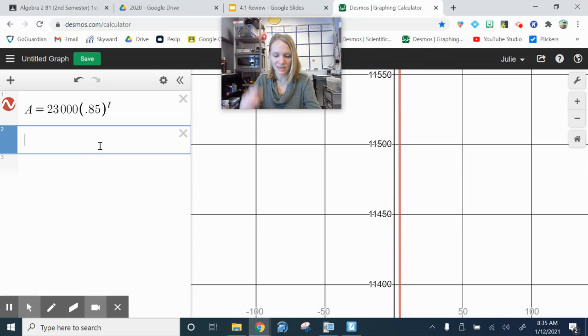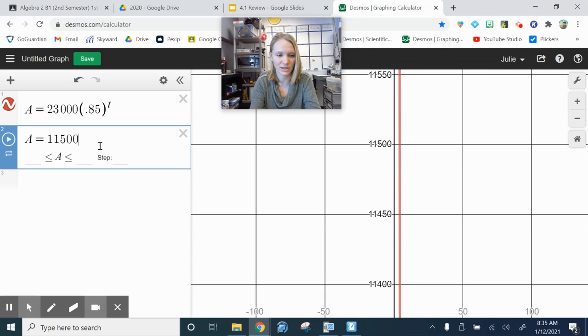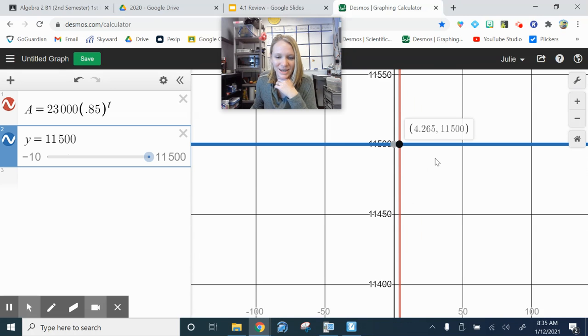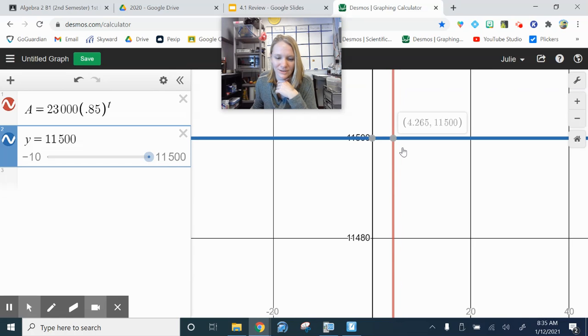Easiest way to do this, and I'll write these directions down, I could just say when A equals 11,500. Actually, I guess I'll have to write Y equals because it wasn't doing it. So I get this number here. You can see where that crosses the graph that we have. You can see our Y value is 11,500, so about 4.265, just a little over 4 years.